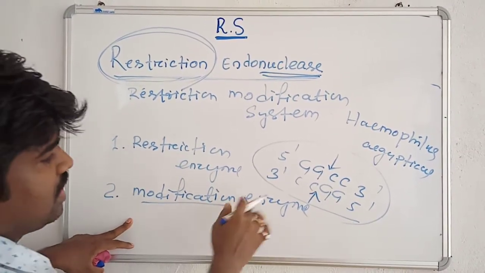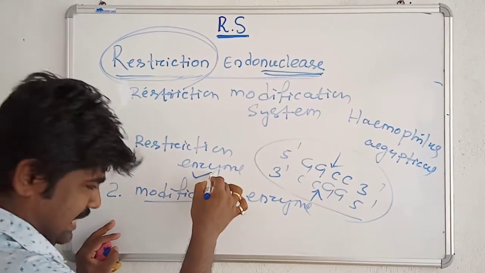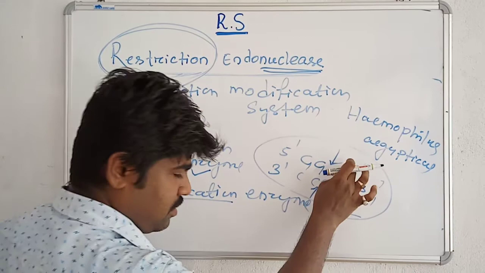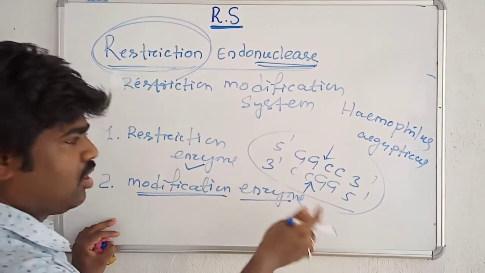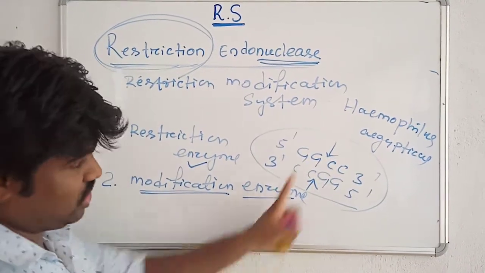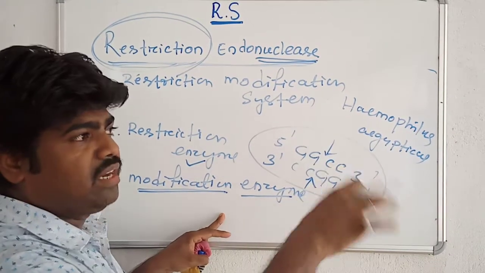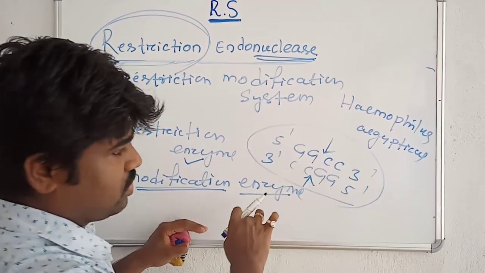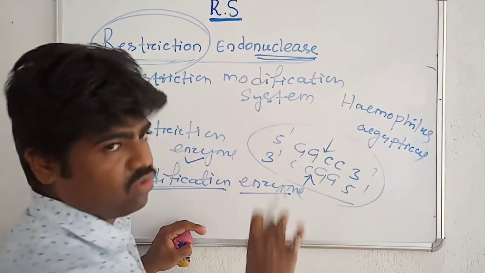Their common function is to recognize the recognition sequence. The restriction enzyme recognizes the specific sequence, and the modification enzyme also recognizes this sequence. But instead of cleaving, this modification enzyme adds one or two methyl groups to the nucleotides within the sequence, right?